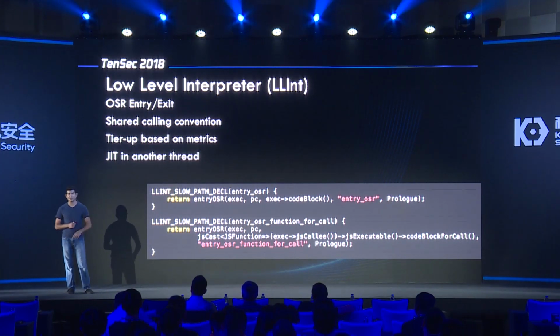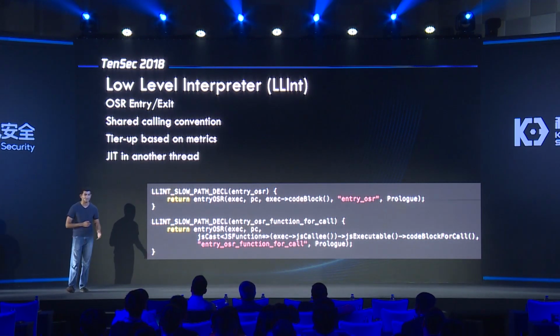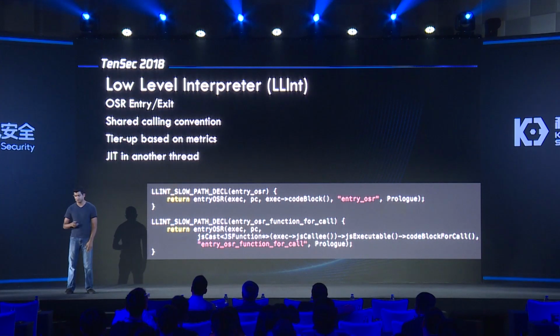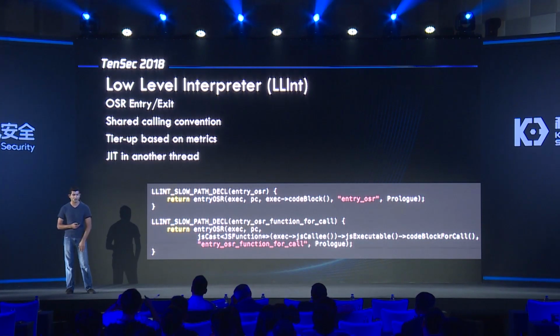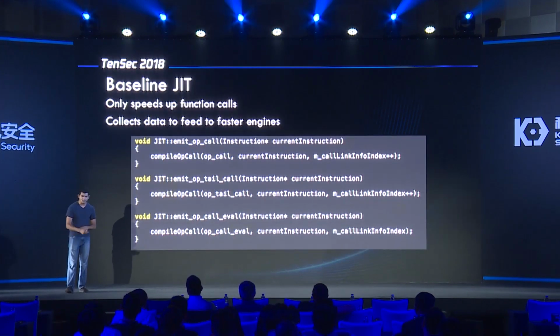Or, hey, we keep bailing out of this one instruction, let's completely bail and just completely tear down what we're doing here. It also collects metrics for feeding into the other layers, and JIT all occurs in another thread. Again, so that the low-level interpreter's execution is going to start and occur very quickly and not be delayed by creating and instantiating a JIT.